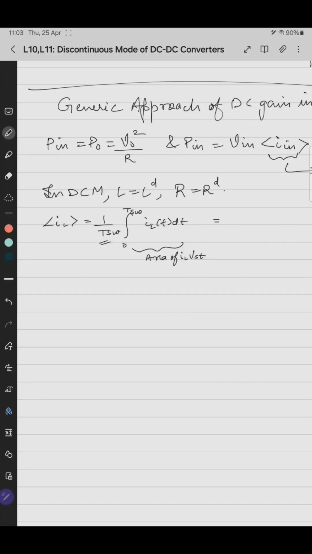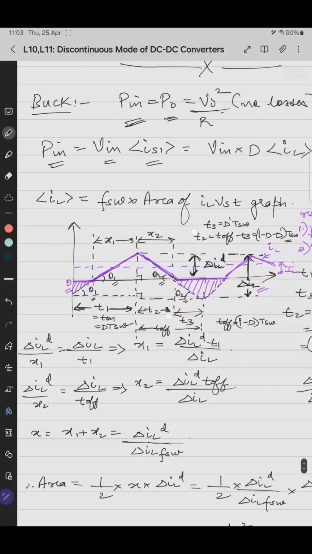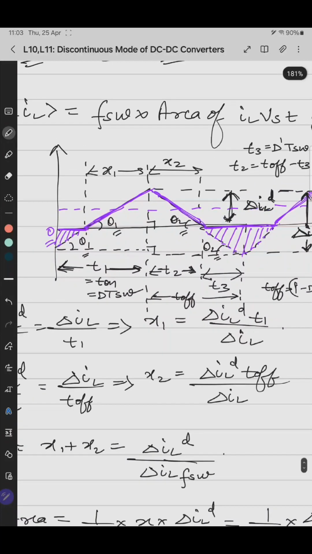So if we transfer T switching to the numerator, it will be f switching into area. We are finding the area. What is the area of this waveform in a switching period? It is half into base into height. What is base? Base is x1 plus x2 and height is delta IL of D.